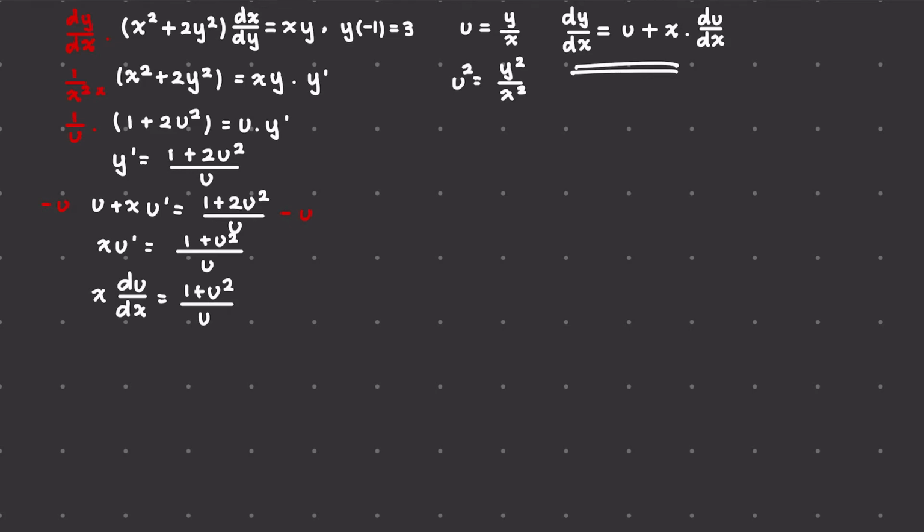And let's multiply both sides by u over x times 1 plus u squared, and also multiply by dx here.